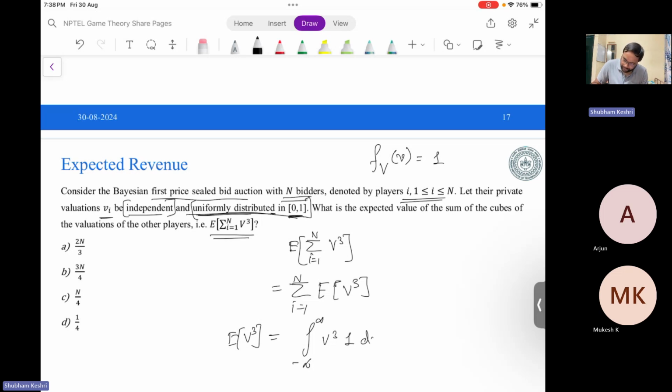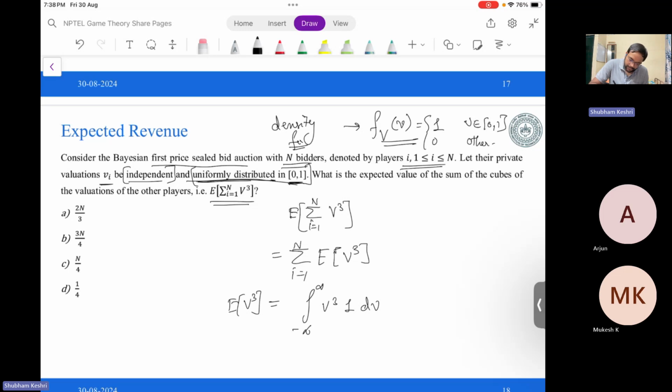The density function of a uniform random variable distributed between 0, 1 is 1 for values in 0, 1, and for all other values it is 0. So this is the density function.